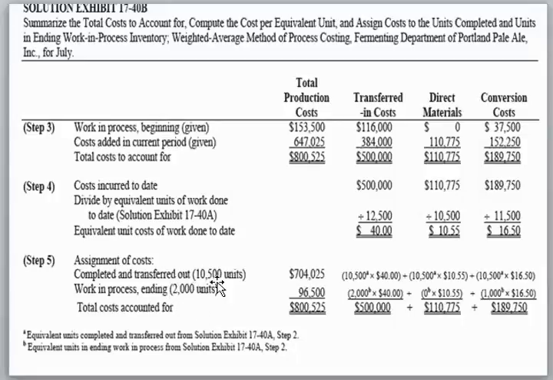The completed and transferred out 500 units multiplied by 40 for transferred in cost, multiplied by 10.55 for the direct material and multiplied by 16.5 for the conversion cost, and also the work in process ending 2,000 units multiplied by the cost per equivalent unit to get the total cost accounted for. And here is the weighted average method.